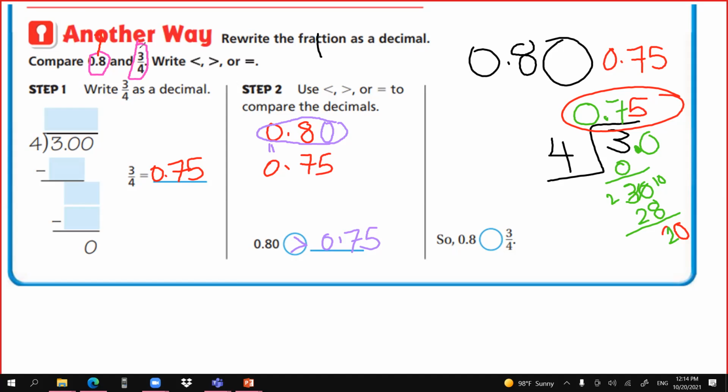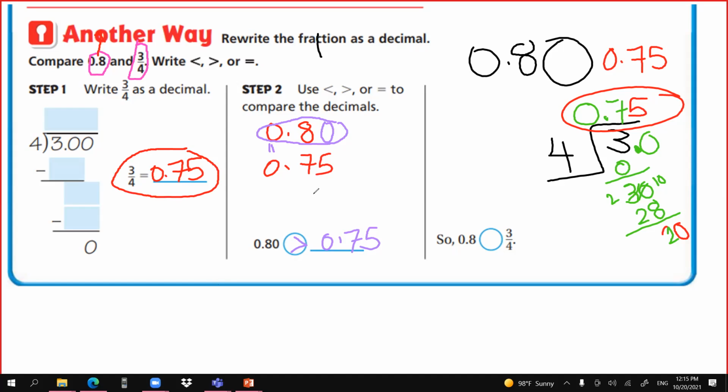Here 0.8 is already a decimal, but 3/4 is not. I want to convert it. How can I convert a fraction to a decimal? As I told you before, by dividing. Do you remember how, by dividing, I write it as a decimal? After I did this step, I write it as 0.75. So now 3/4 is 0.75.